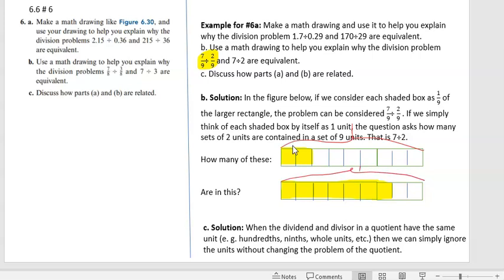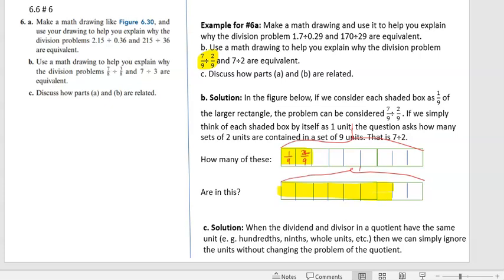So I divide both of them into 9 equal parts: 1/9, 2/9, and 1/9, 2/9, 3/9, 4/9, 5/9, 6/9, and 7/9. I probably shouldn't label in each box, but that means from here to here.